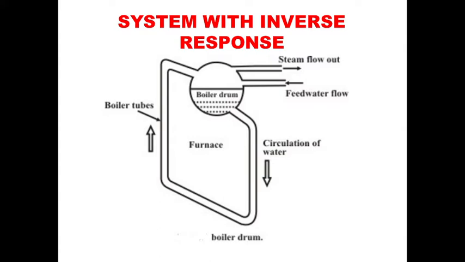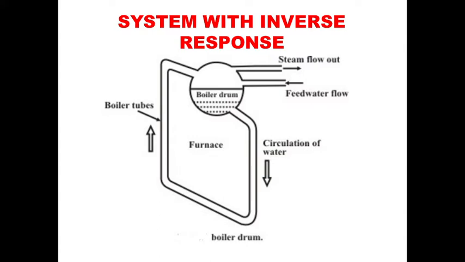Before going into the detail, let us consider a simple example of a system with inverse response. Consider the dynamic characteristics of a boiler drum in a water tube boiler of a steam power plant. High pressure feed water is pumped to the drum.